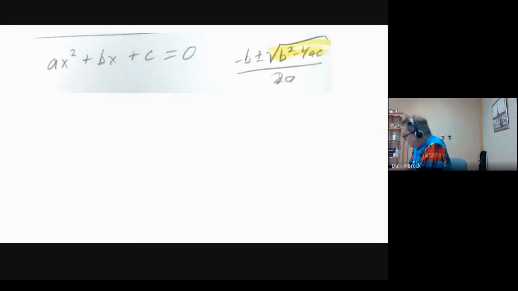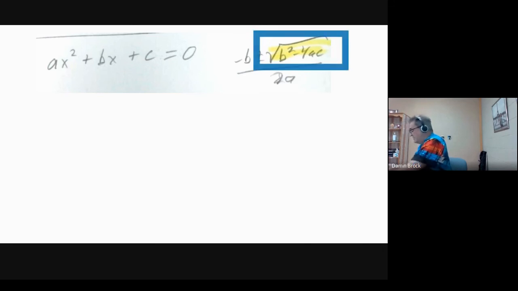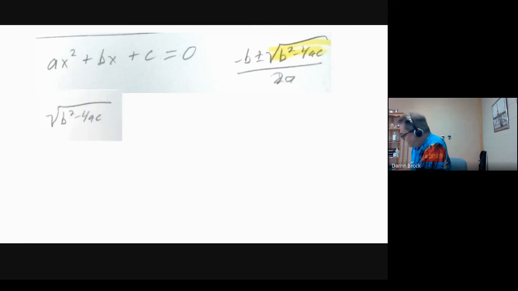Negative b plus or minus the square root of b squared minus 4ac, over 2a. Well, this part right here determines everything. That's called the discriminant. b squared minus 4ac is the discriminant, and it will tell you a lot.